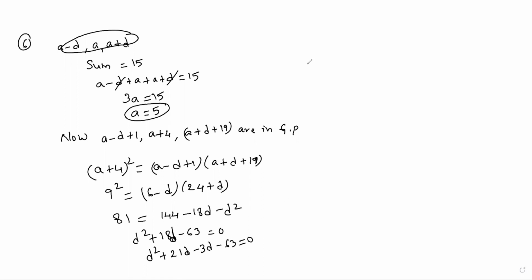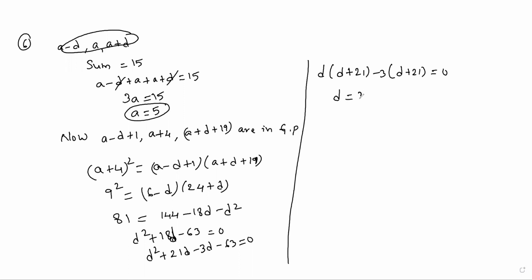By factorizing this, we will get the d values. In the first two terms take d common, the remaining is d plus 21, minus 3 common, that is d plus 21 equal to 0. By simplifying this, the d values are 3 and minus 21. Now based on this, we will get two sets of numbers. What are those numbers? We are taking a minus d, a, a plus d.